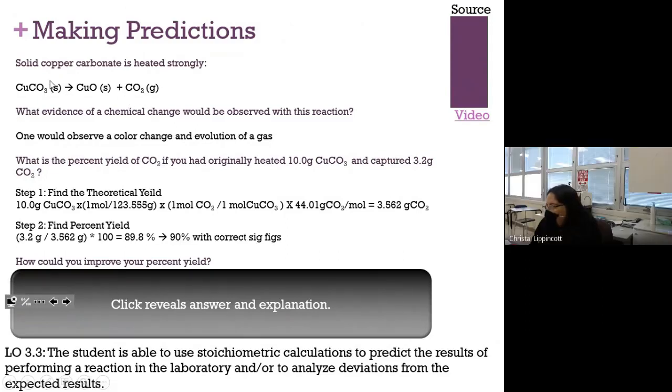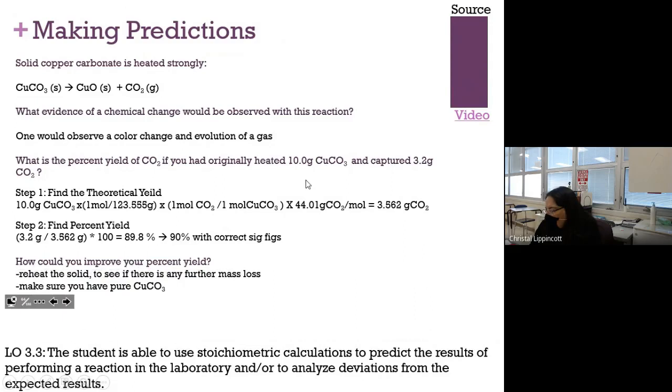So we want to generate more of this product, so we want to shift this reaction in this direction. If we change the pressure in our system, which way would generate more for the product side? You could also reheat it and make sure that you have the copper carbonate.